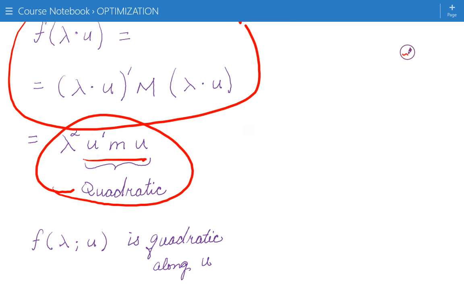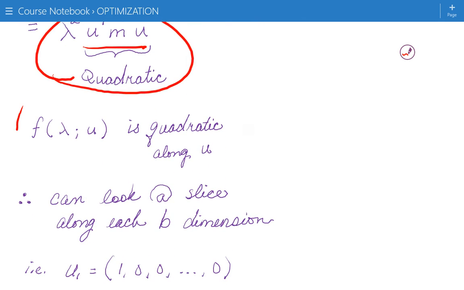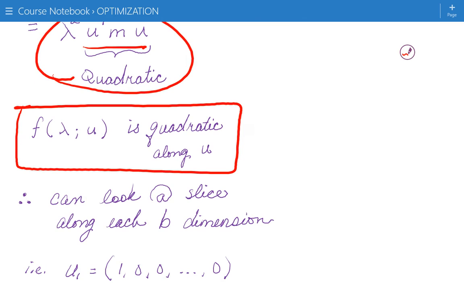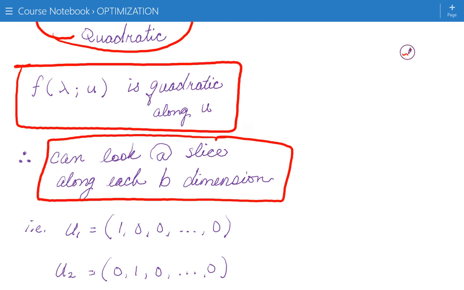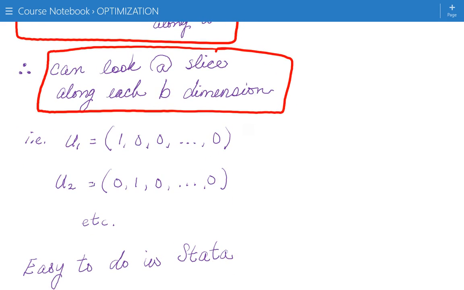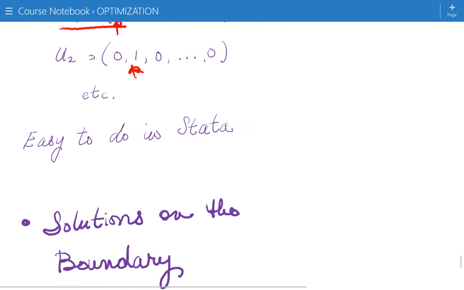The function is essentially quadratic along a unit vector that points in whatever direction you're looking at. So basically, what this means is that you can look at a slice along each of the betas. You can take a vector that looks at the first component, the second component, beta 1, beta 2, beta 3, and look along that dimension.